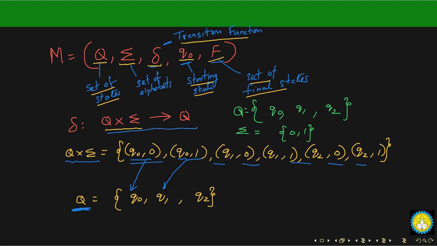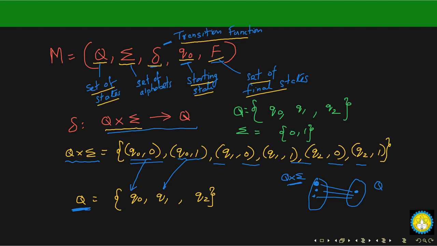You can also imagine this and draw the diagram for the set Q cross sigma as well as Q, and then draw the mapping. For each entry in Q cross sigma, you should have only one image in Q. So that's the condition here.